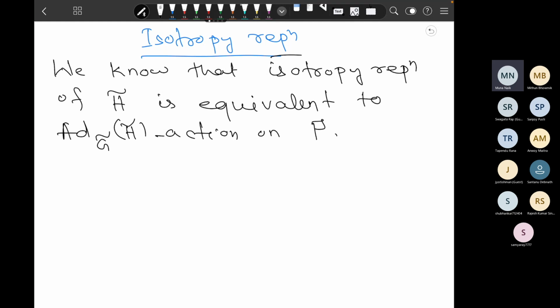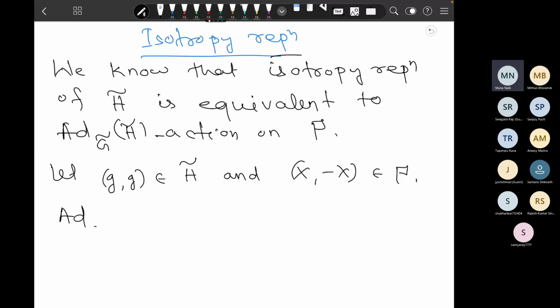Okay. So let g, g belong to H tilde, because H tilde is the diagonal, and this x, minus x belongs to p. Okay. So that means Ad G tilde of g, g applied on x, minus x.